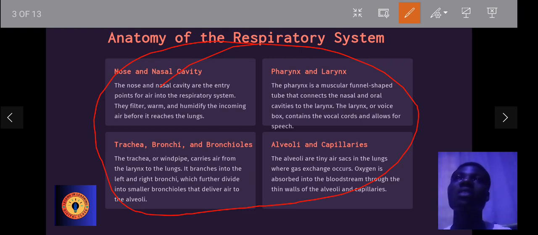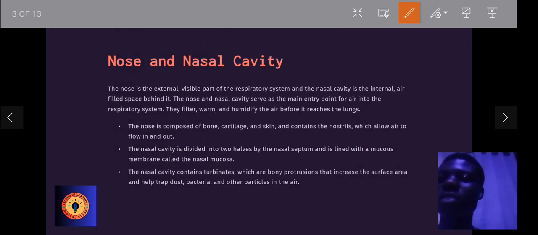That's where oxygen diffuses in, and carbon dioxide is brought out from the body. So that's where gas exchange occurs. Oxygen is absorbed into the bloodstream through the thin walls of the alveoli and the capillaries. So we move on real quick.